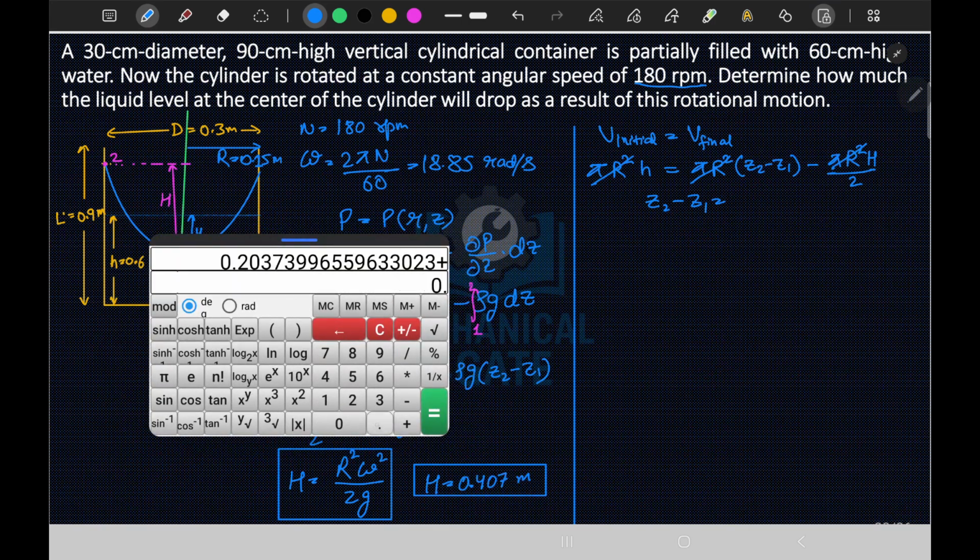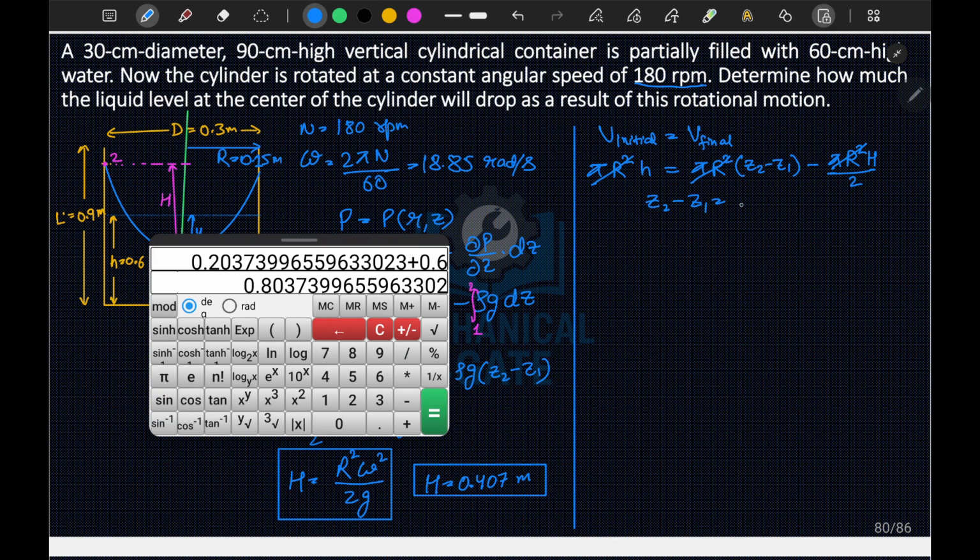Small h is 0.6. So from here I obtain z2 minus z1 is equal to 0.804 meter. And this distance is less than that of L, hence there is no spillage.